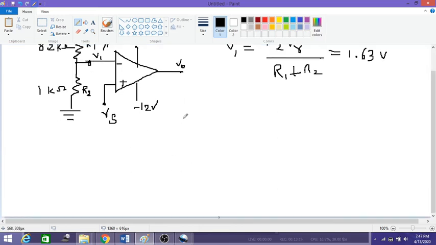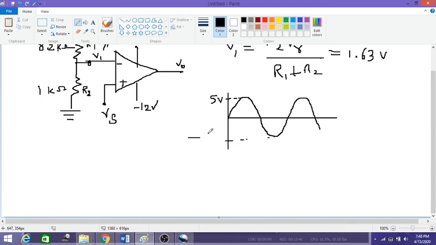Now what is our input? We are getting a sinusoidal waveform with a positive peak of 5 volts and a negative peak of minus 5 volts.